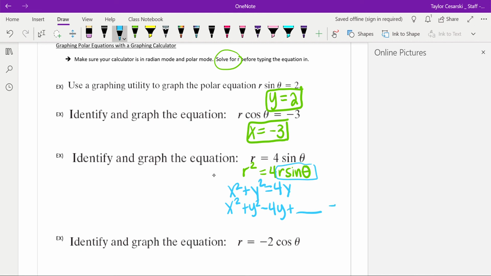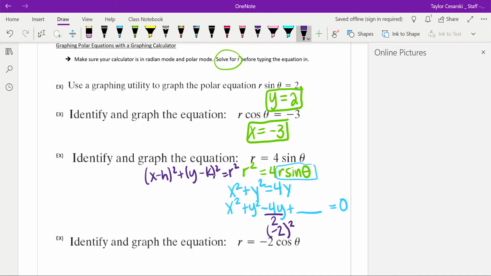because you got to get everything on one side, plus blank equals 0. Okay, so again, we want to get it in the format of (x minus h) squared plus (y minus k) squared equals r squared. Remember, that's your format for a circle. Okay, so in order to do that, I'm going to take the middle number, divide by 2, which is -2, and square it.